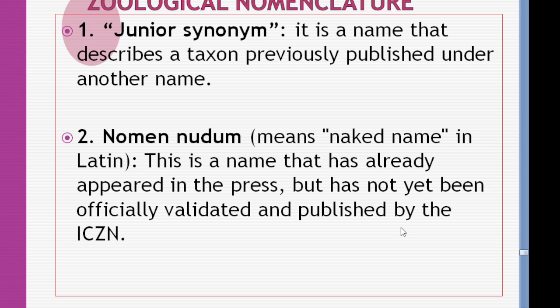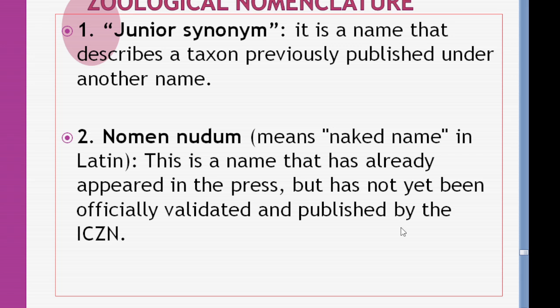After that, you have nomen nudum. Nomen nudum is Latin words. Nudum means naked name. This term is used for a name that has already appeared in the press, but has not been validated officially by the ICZN, the International Commission of Zoological Nomenclature.